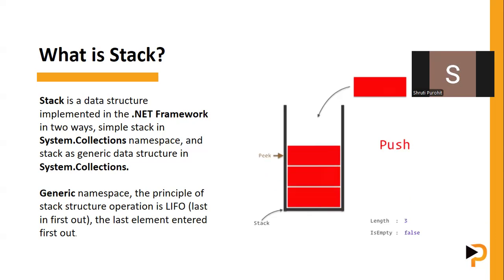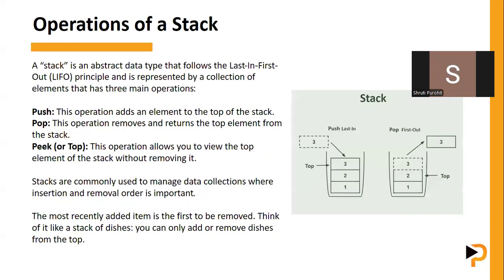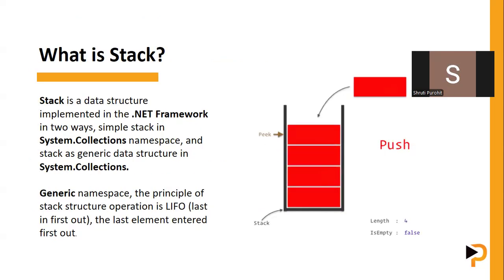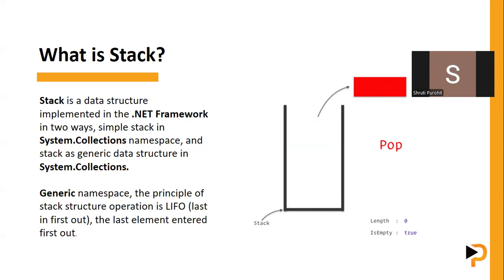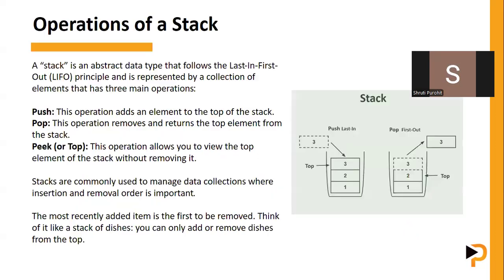Let's move ahead. Now, what are the operations we can perform on a stack? Obviously, push, pop, and one more is peek. If you can see in this GIF, there is a peek, which is the counter denoting the current element.